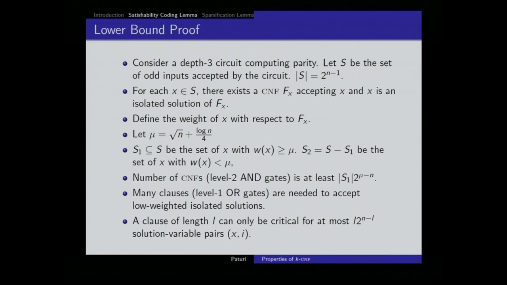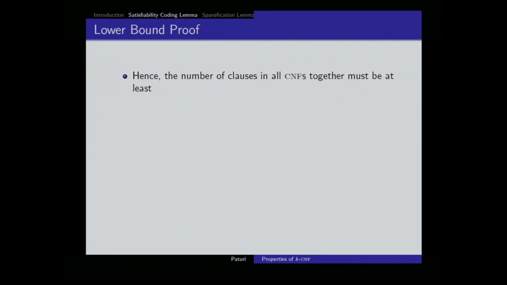For something to be a critical clause, you need to select one of the variables that is going to be the true literal, and the remaining are all 0. There are so many ways you can make that happen. Therefore, L times 2 to the n minus L solution-variable pairs can be handled by a long critical clause.